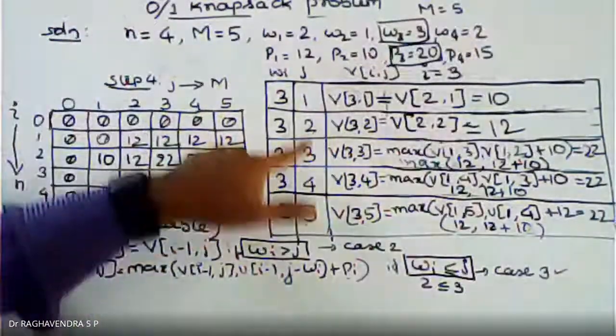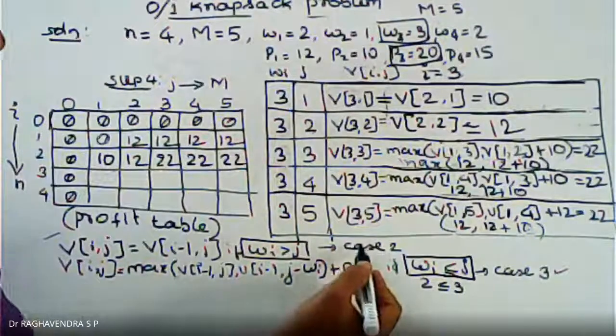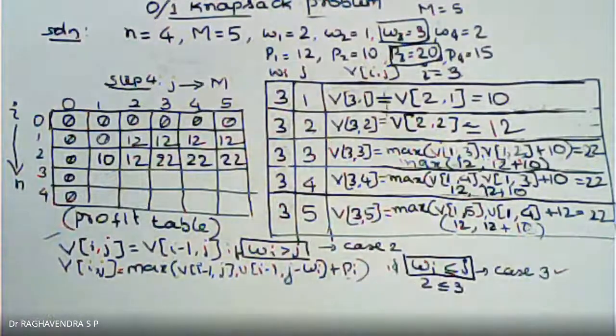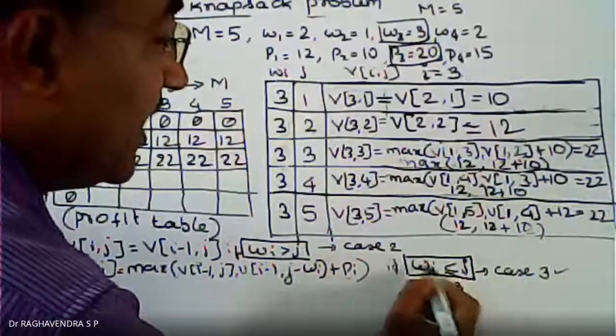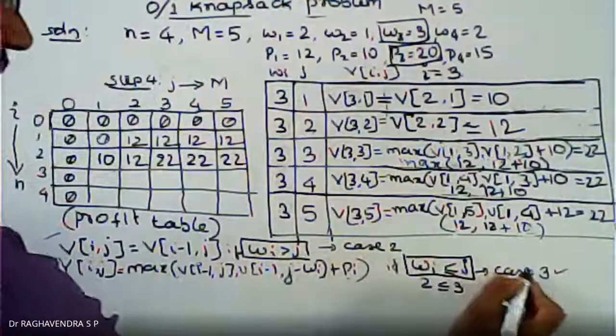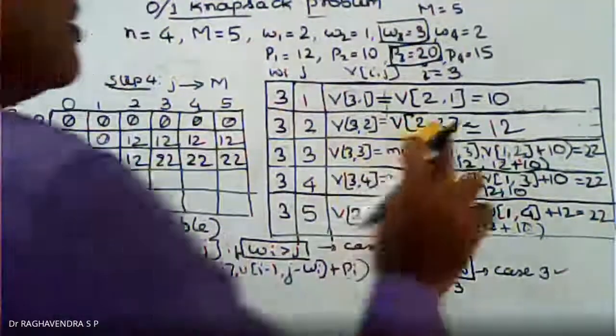Next, we shall go to j is equal to 3, remaining capacity 3. Now it fits to which category, case 2 or case 3? Case 3, because 3 is less than or equal to 3. So that is why case 3 will fit. Once again, we have to write the formula now.